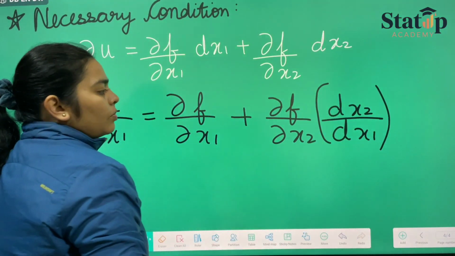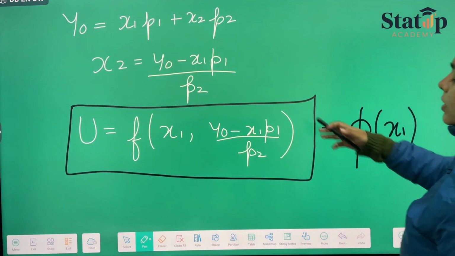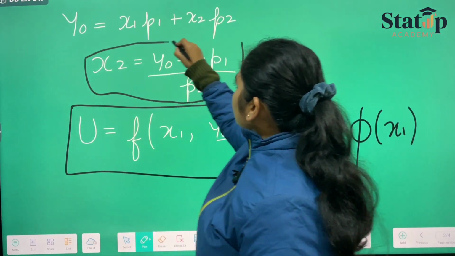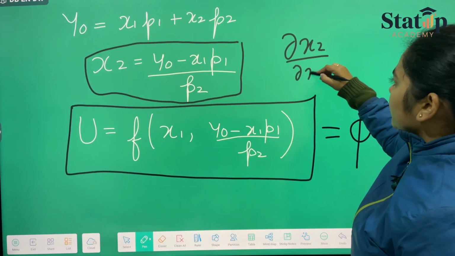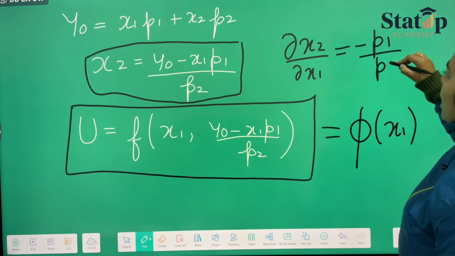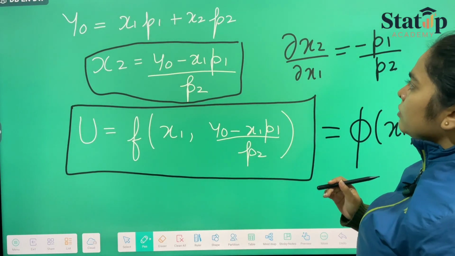Now this dx2 upon dx1, we have considered an equation, this equation of x2. If we differentiate this x2 with respect to x1, we will be getting minus p1 upon p2 according to the rules of differentiation.